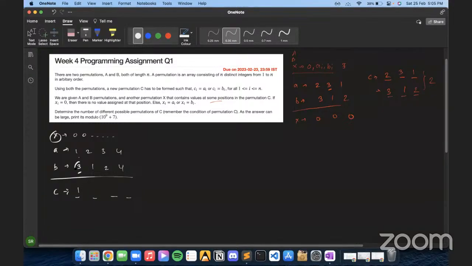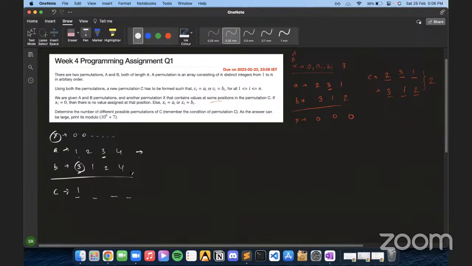So this 3 has to come somewhere in the permutation of C, because it's a permutation, right? If we search for 3 in the array A, it comes at the third position. As array A is a permutation, 3 only occurs once.